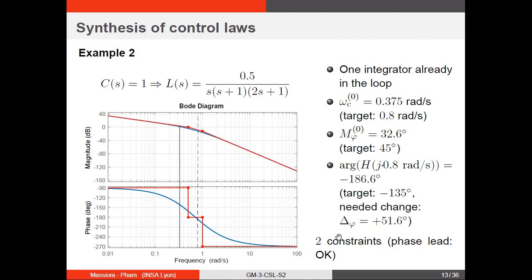So basically this is exactly what we need here. We need an extra boost of phase of 51.6 degrees at omega c, this one, omega c 0.8, and we need to make sure that at omega c of 0.8 radian per second the gain is 0 dB. So this can work out.